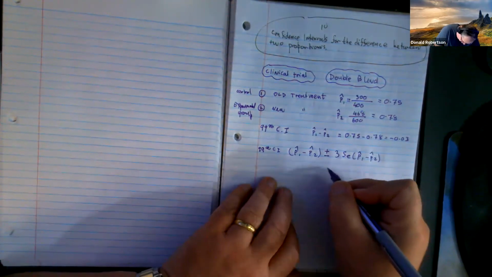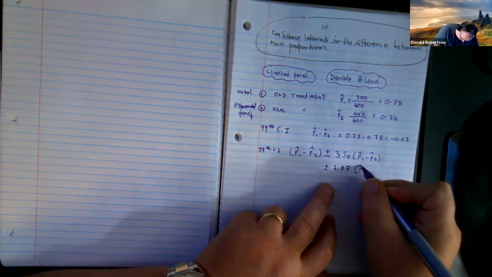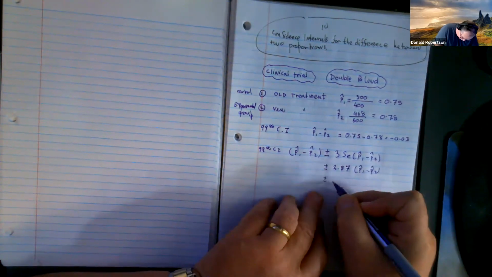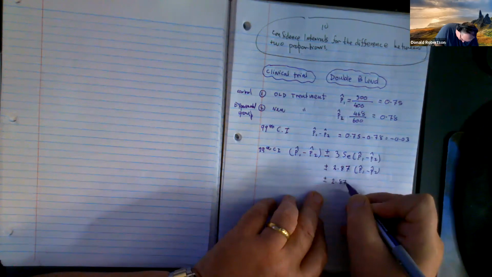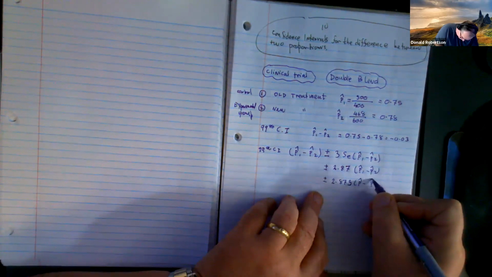You could, however, do 2.575, and you might say, where did these other numbers come from? This here is a very rough rule of thumb, isn't it? 1, 2, 3 standard deviations.